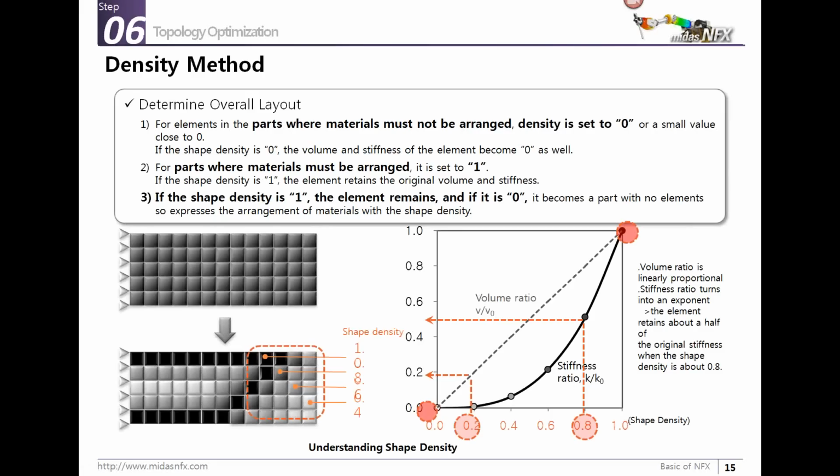So let's talk briefly about the density method, which is the method used for this topology optimization. I'll try to explain that in a simple way. At the beginning, the initial design that you have is a design where the density ratio of all the mesh is 1. So all the mesh are set as 1.